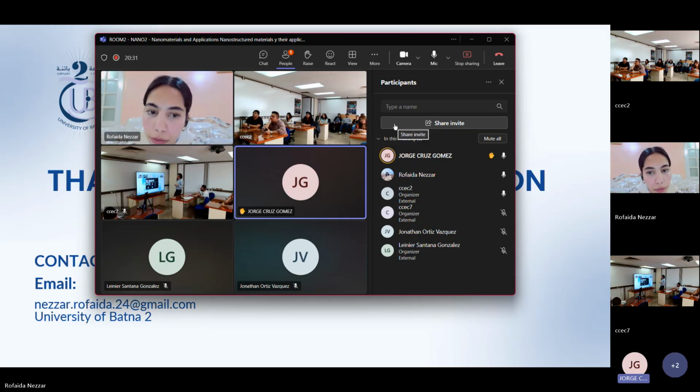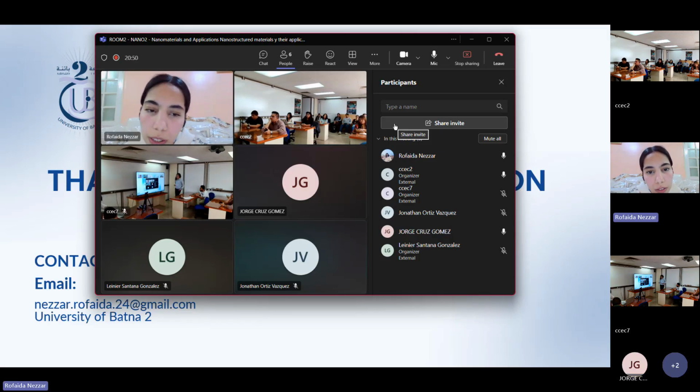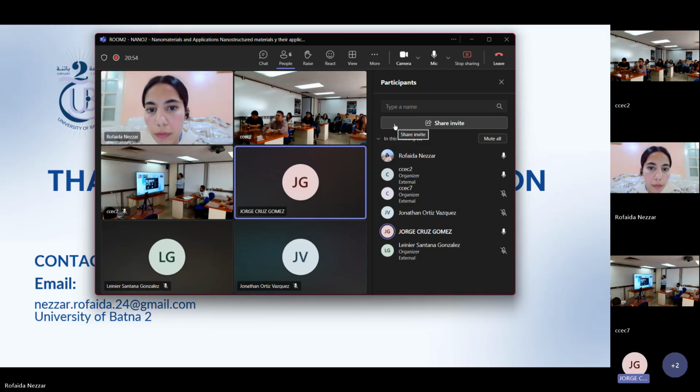Rafaela, in some applications of TCOs, the work function is very important. I think you could manage these other parameters and improve your work. What do you think? Sorry, could you repeat? The work function, did you not include work function in your electrical properties?